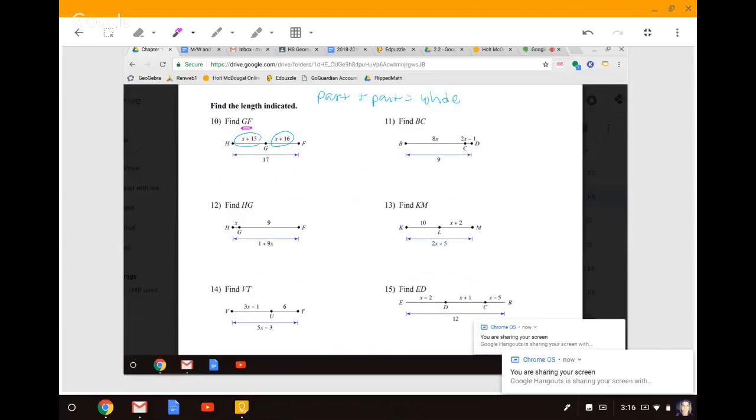Okay, so for number 11, we need to find BC, which is just this part, okay? Okay. But again, we're going to use the segment addition postulate here, okay? So the part plus the part equals the whole, okay?